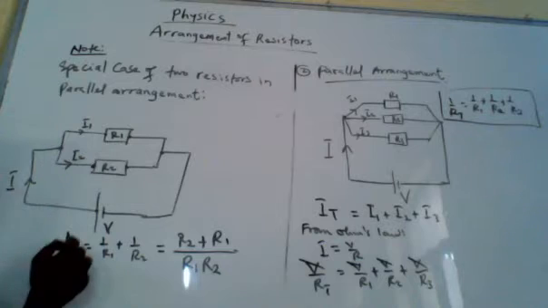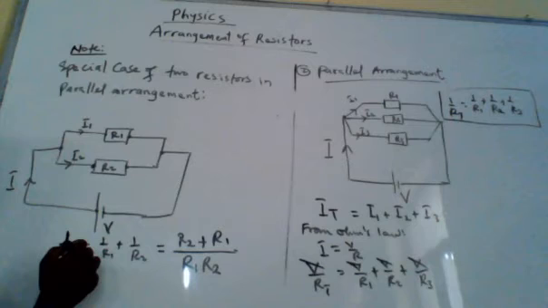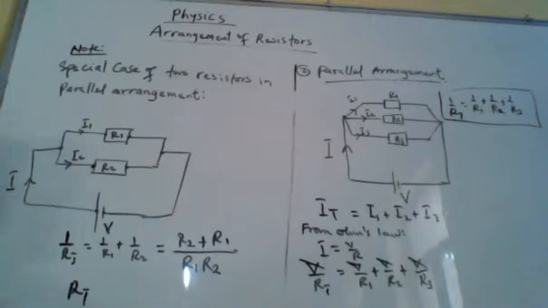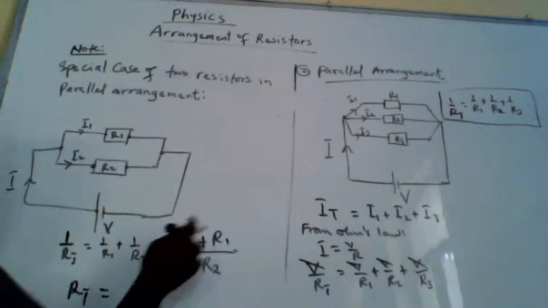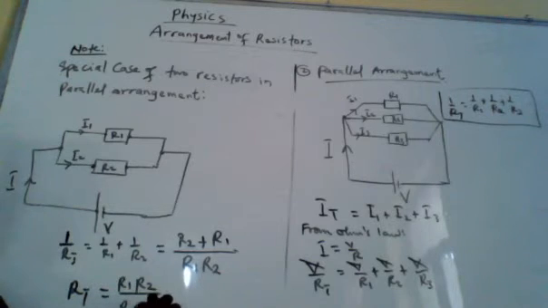So if I find the inverse, R total equals, inverse of this is going to be R1R2 over R1 plus R2.